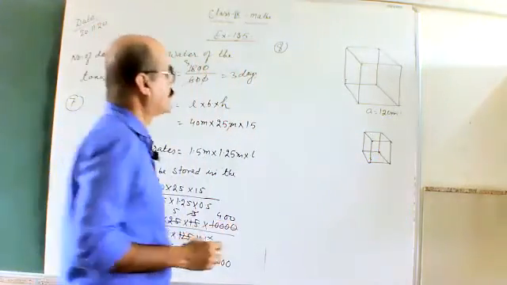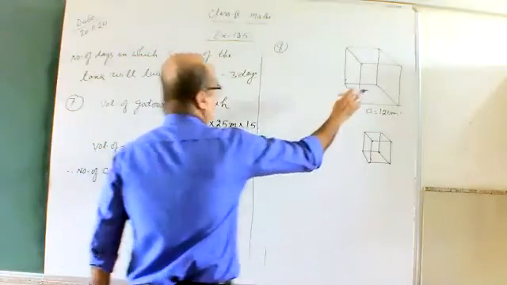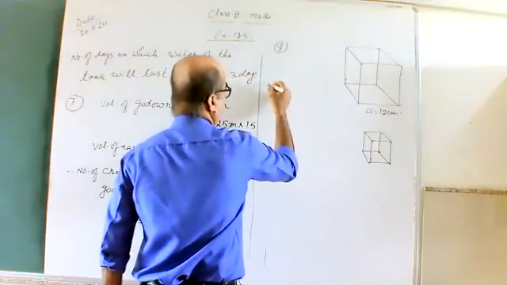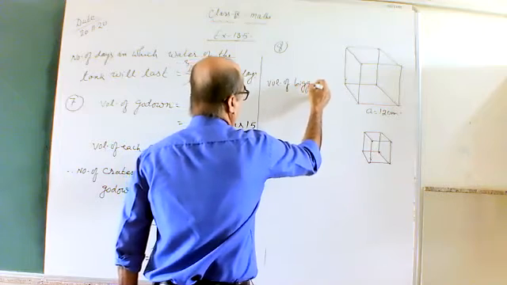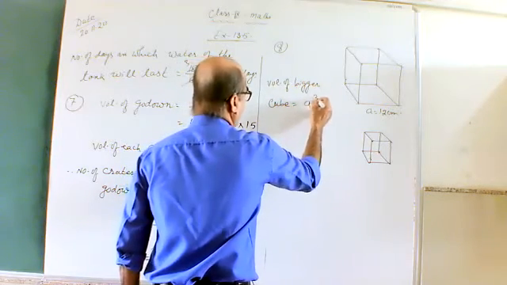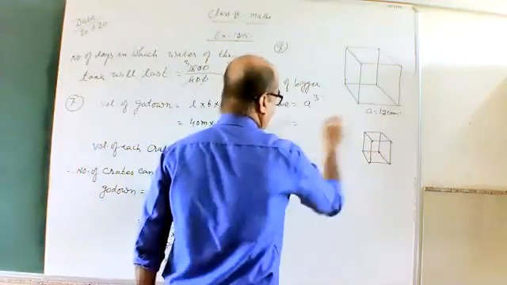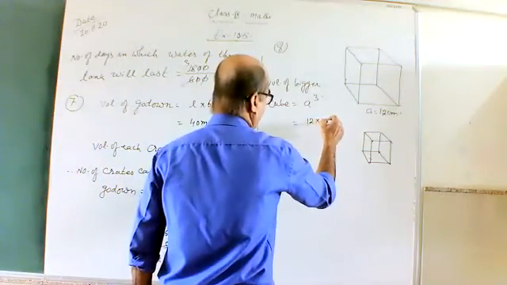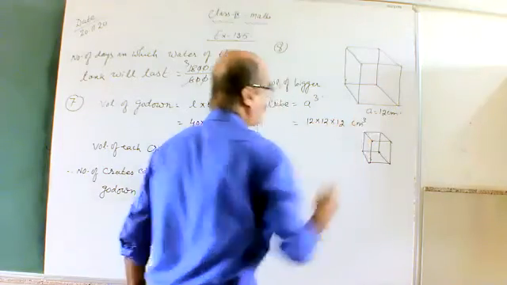Right? So what we will do? To find out the volume of the bigger cube, the volume of a cube is A cube, right? So A is 12, so 12 into 12 into 12 centimeter cube.